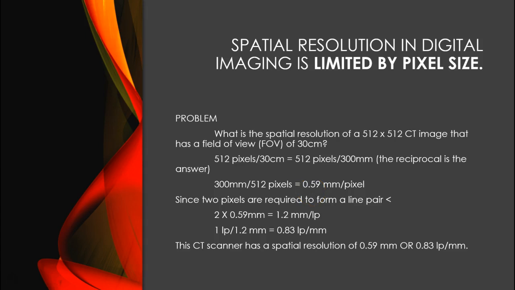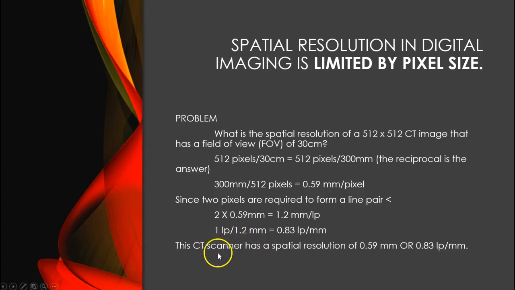So remember what you have to do. You have to double that number, right, to get a line pair. So from the beginning of one line to the beginning of the second line, you have to double it. So doubling this 0.59 gives you 1.2 millimeters per line pair. Okay, and then one line pair per 1.2 millimeters is equal to 0.83 line pairs per millimeter.